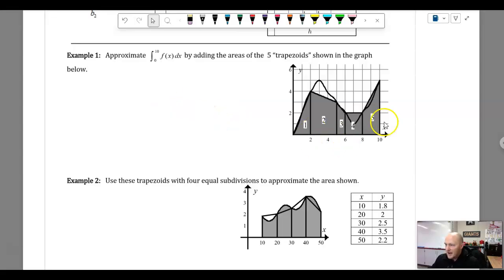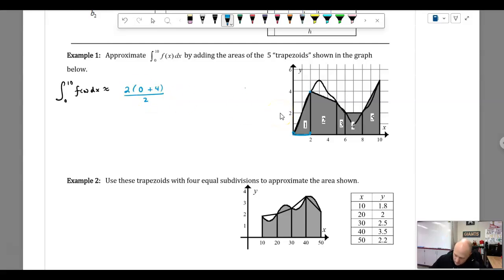Let me first set up the integral from 0 to 10 of f of x dx, which is going to be approximately, trapezoid 1 right here, and it looks like this width is 2, so I'm going to say 2 times, and I'm going to take both of my heights, my left height, which is 0 according to the graph, and my right height, which is 4. And I'm going to divide by 2 because I'm averaging those heights.